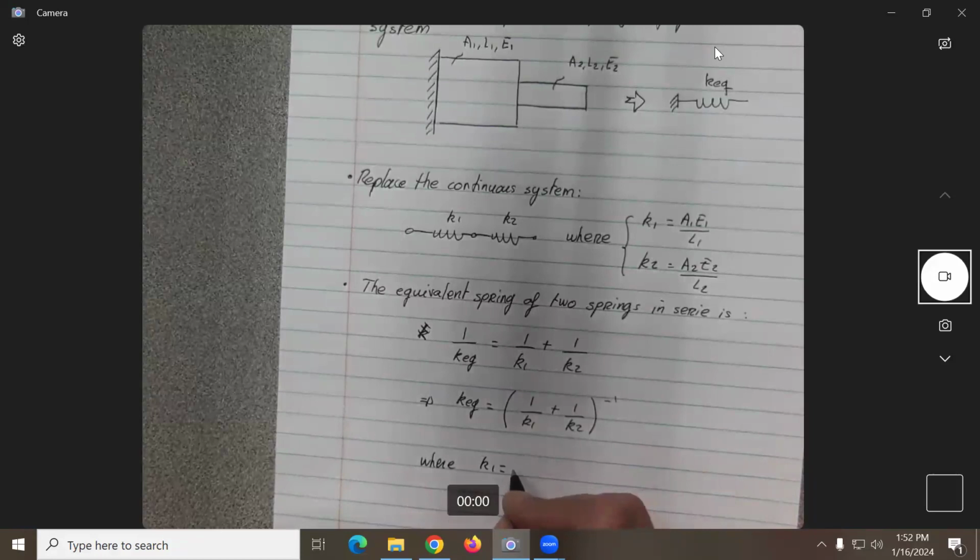We just said before, A1, E1 over L1, and K2 equal to A2, E2 over L2.